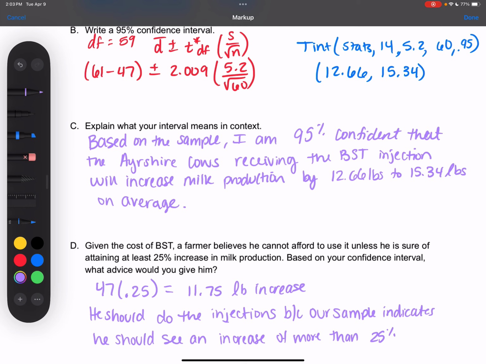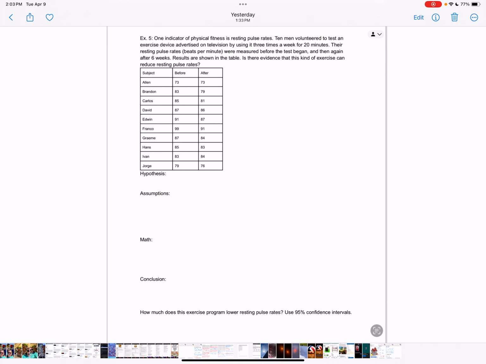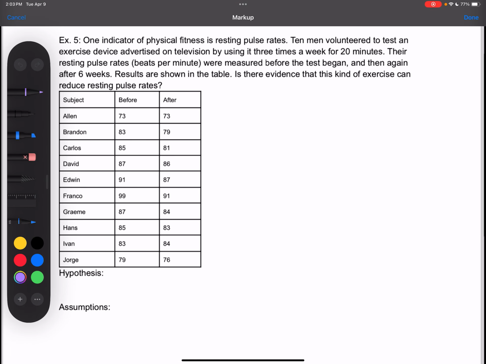Before I'll go in one and after I'll go in another. Alright, so before is going to go in L1.